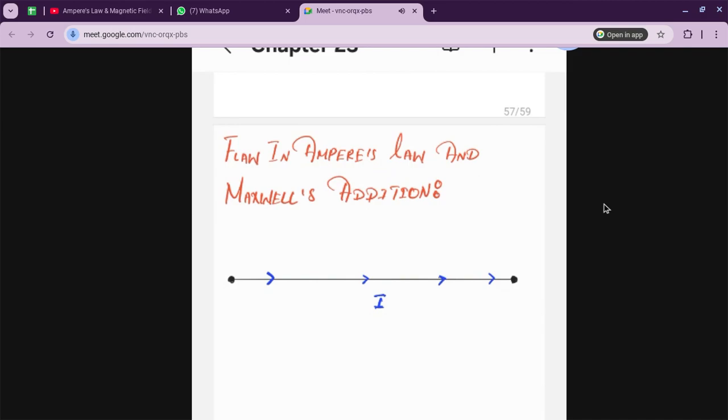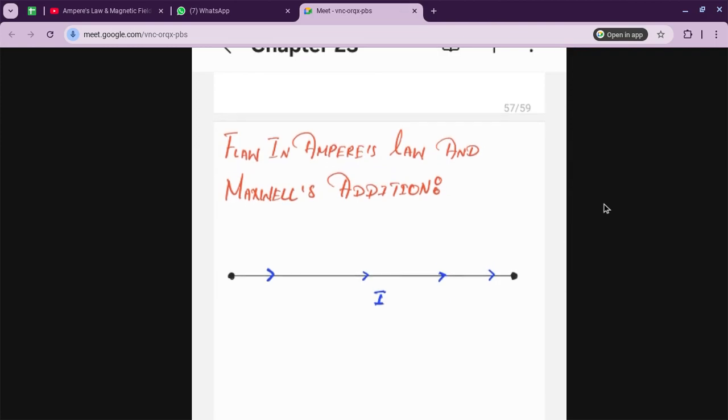Now, according to Ampere's law, what would I do to find the magnetic field of the wire? Wouldn't you have to multiply the current enclosed with the 4 pi times 10 to the power negative 7?